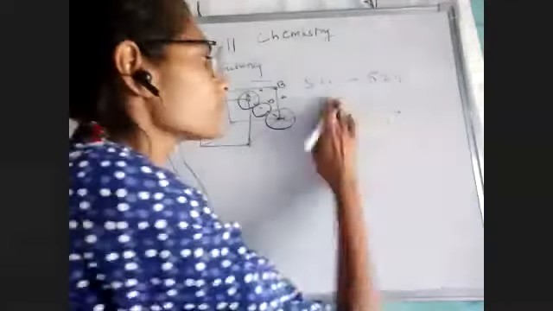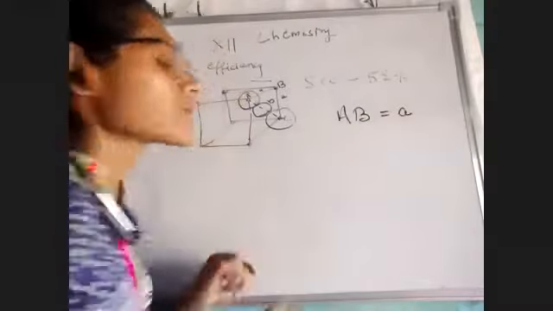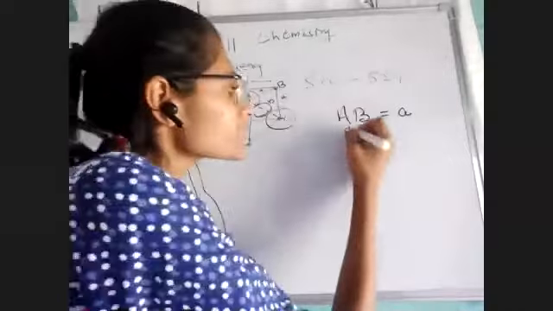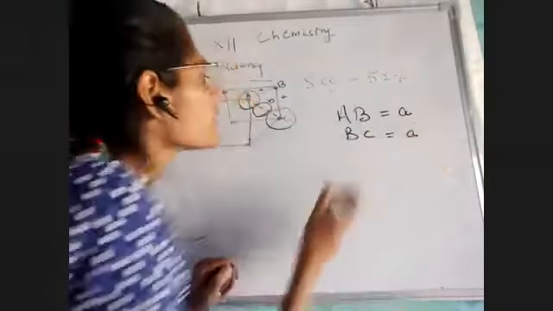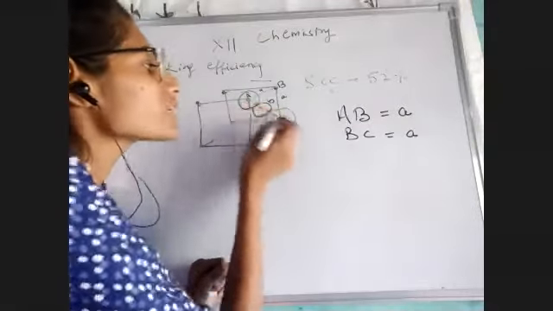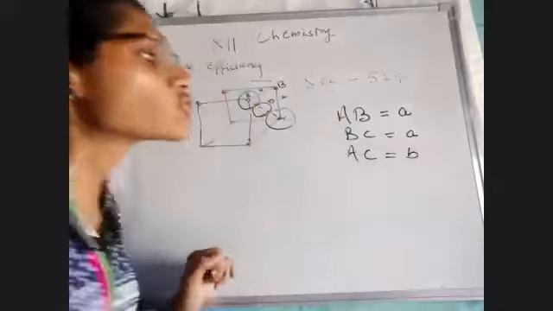This AB represents the unit cell edge length a. Similarly, this BC also represents a. Now, we are assuming that this AC represents a diagonal which equals b.